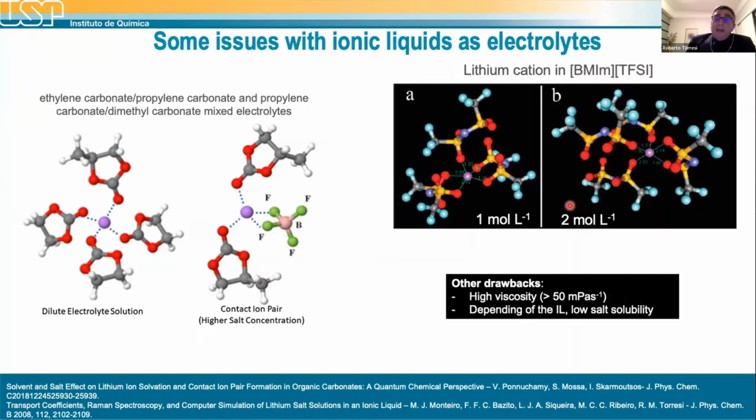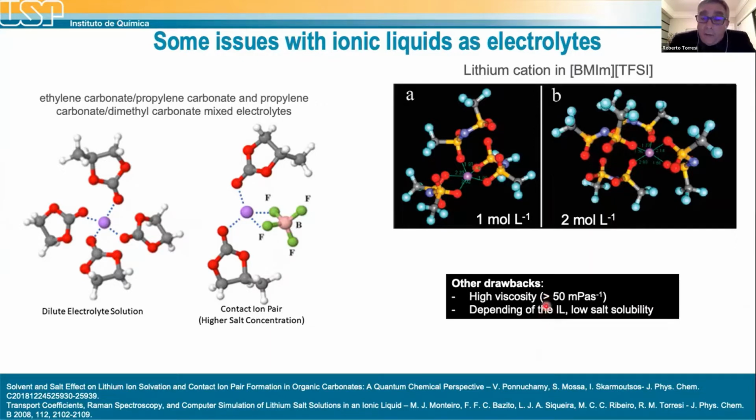So the main drawback of using these ionic liquids as electrolyte is the high viscosity. The lowest viscosity of an ionic liquid is more or less 50 millipascal second.